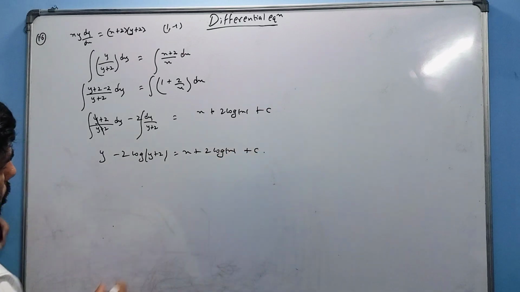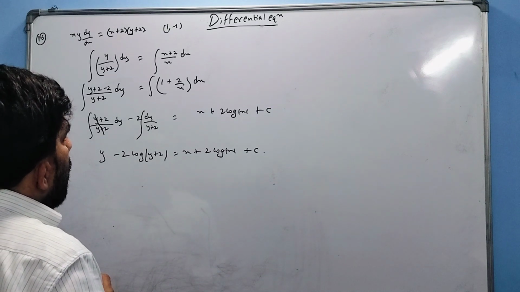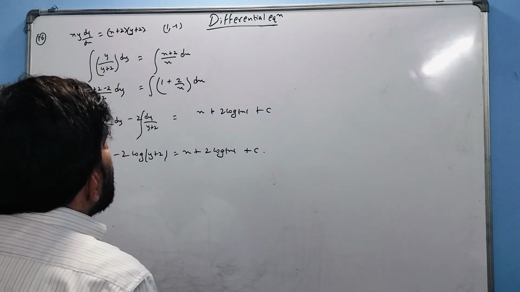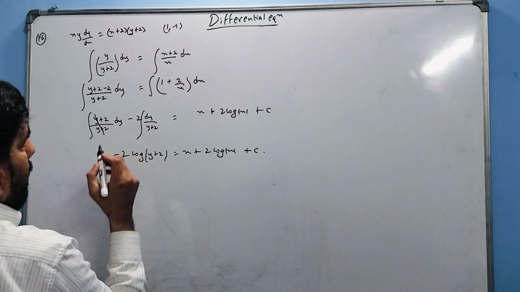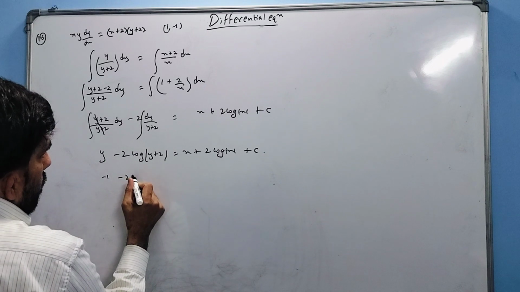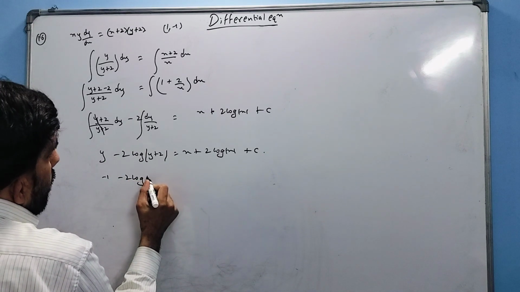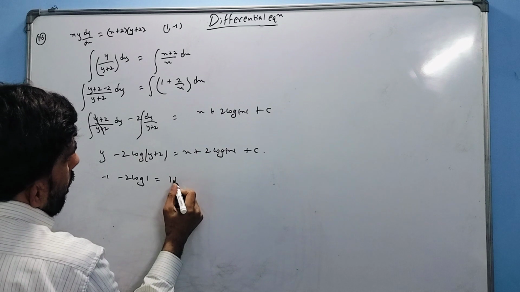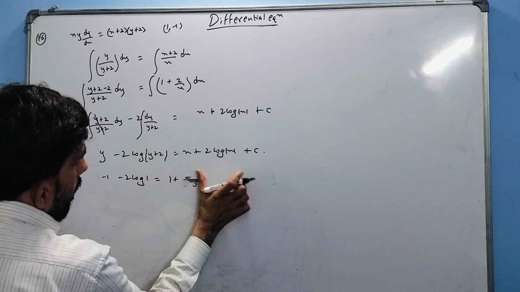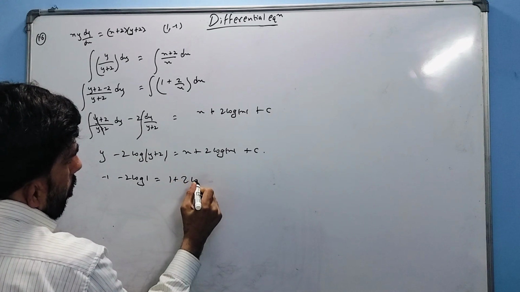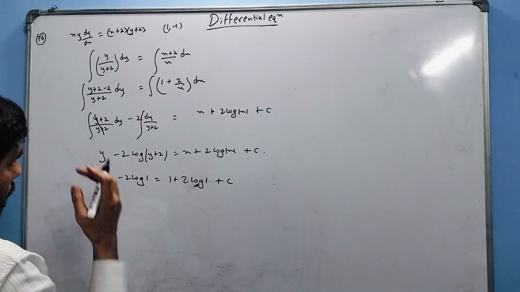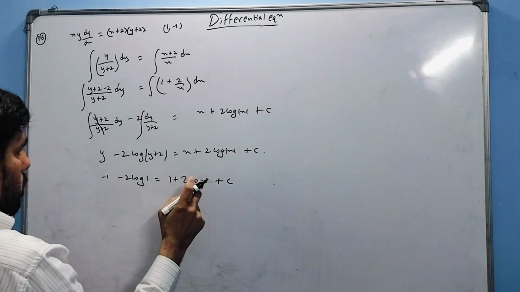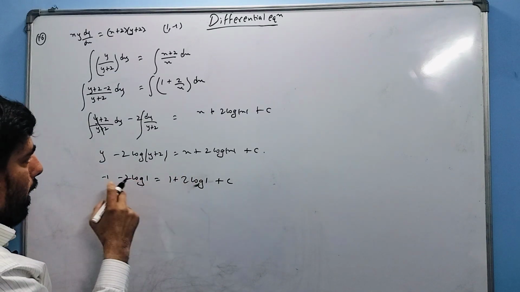Now if I put the value here, x is 1 and y is minus 1, so we got minus 1 minus 2 log 2 minus 1 is equal to, we have x 1 plus 2 log, that is 2 log 1 plus c. We know log 1 is 0, we have 1 here, and log 1 is 0, so it will be 0. So if I add this, we got c is equal to minus 2.